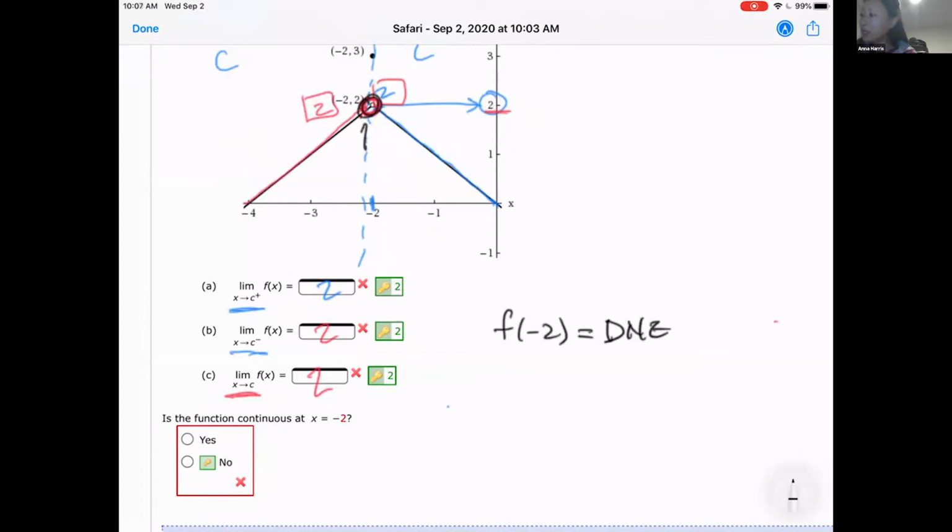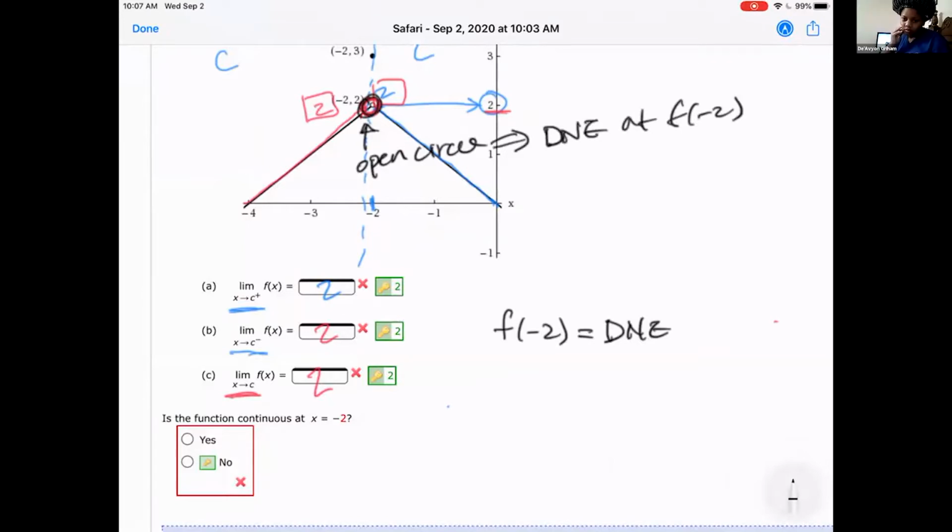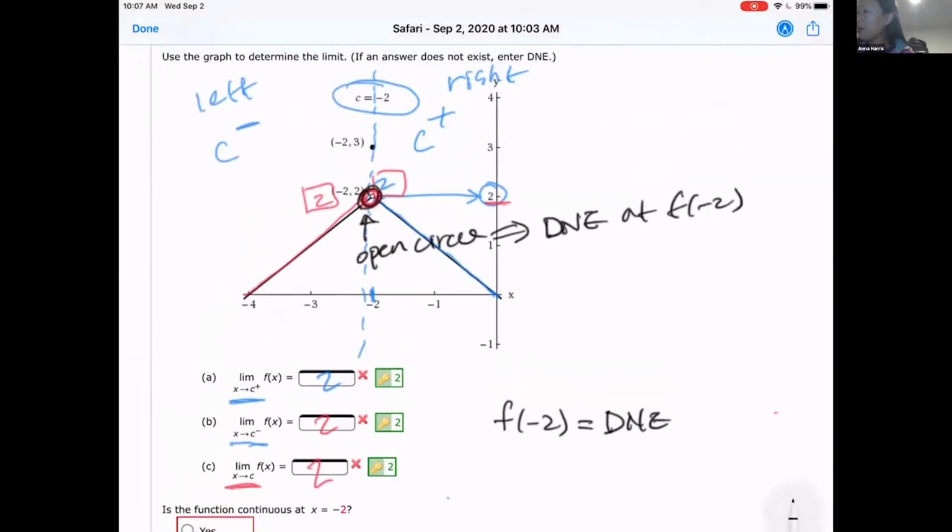This is an open circle, which equals does not exist at f of -2, right? You have a limit. Limit means you look at it from the left-hand side and from the right-hand side, they meet together. The specific value is where it's approaching. Just look at this graph again. I want you guys to understand the difference between the limit and the y values.